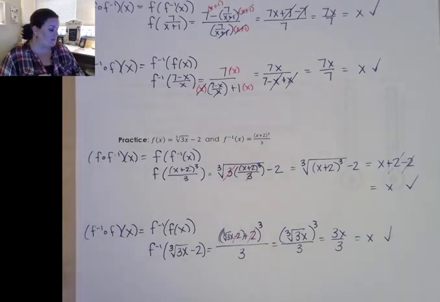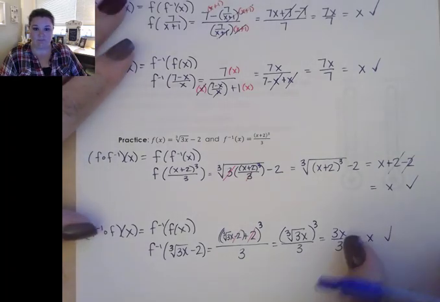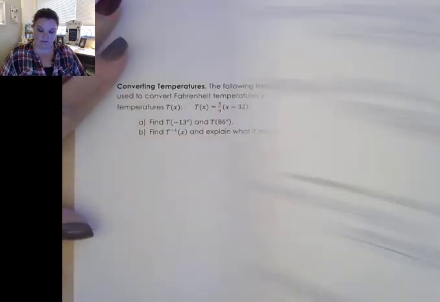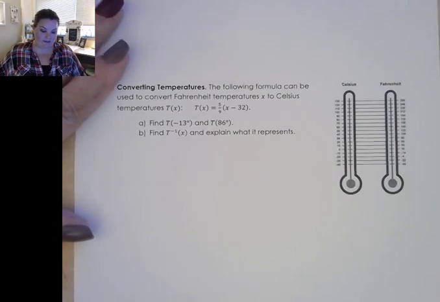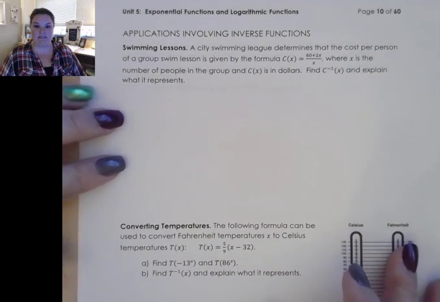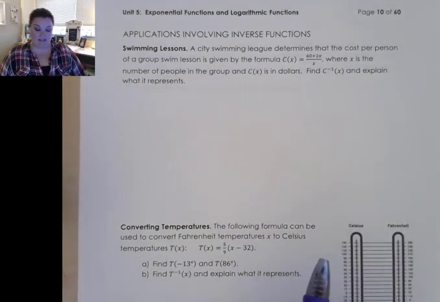Okay? All right, the last thing I want to cover is a couple of word problems, a couple of application problems involving inverses. Okay? So if I look at this first one on page 10, it says, swimming lessons.